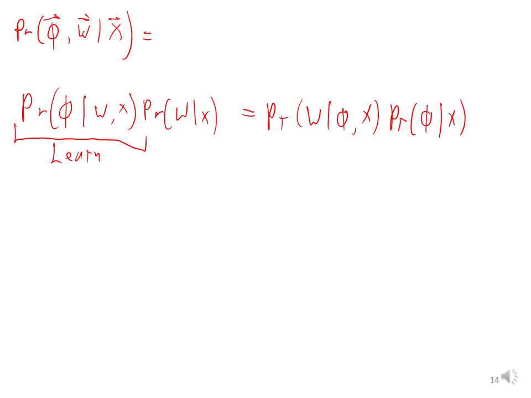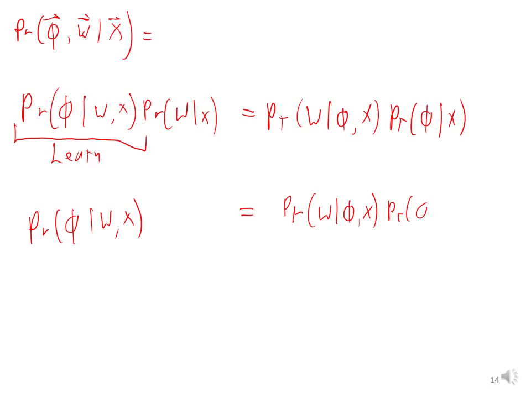Since we're learning right now, that means we want to estimate our posterior over phi, so we're going to focus on that term, probability of phi given W and x, and we can just rearrange our terms so we still have the same right-hand side, probability of W given phi and x times probability of phi given x, and now you see where that phi given x comes from, and we divide through by probability of W given x as our normalizing factor.